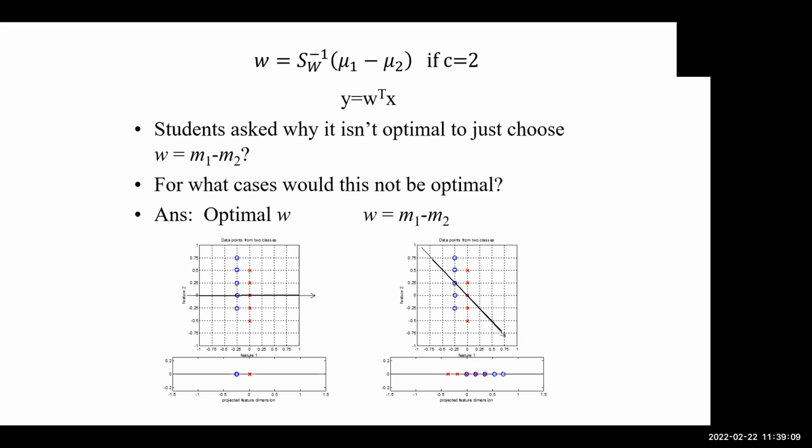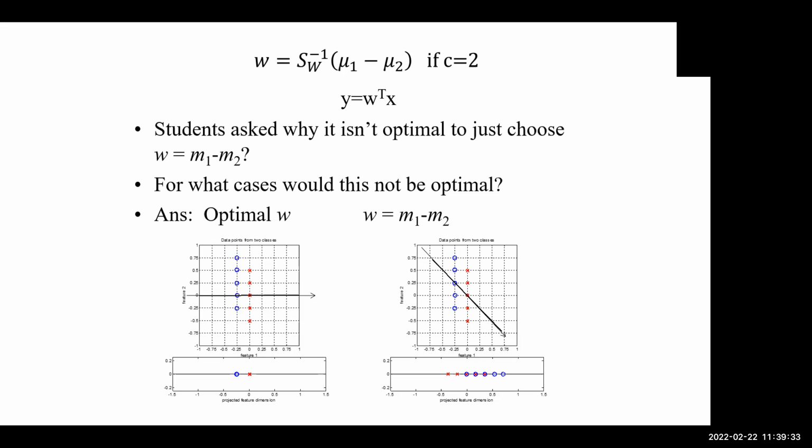So here's an example with blue O's and red X's, 5 points of each. The optimal projection is just to take feature 1. If we just took the two means and took the two means of the vector, you're going to get this diagonal vector.